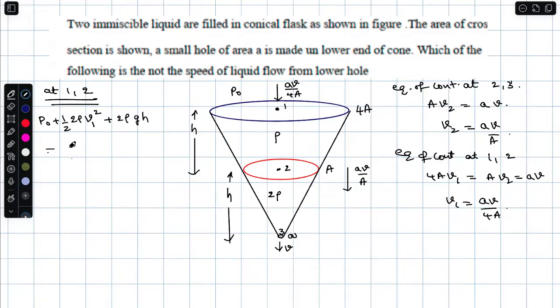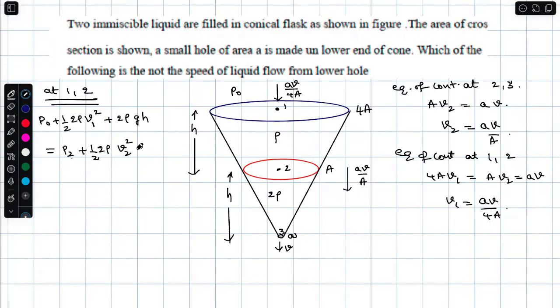GH is equal to, at this point, P2 plus half 2 rho V2 square. Please confirm whether you understood this step or not.